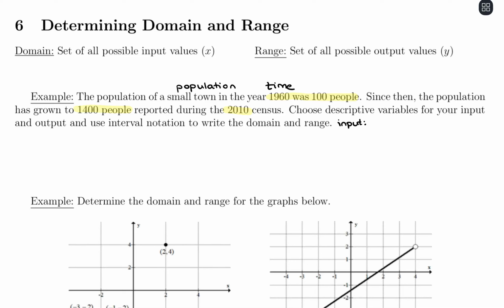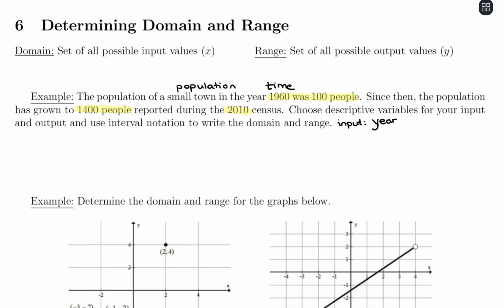Now, population might be relying on something, so it's not really independent. It could be depending on the amount of time that's passed. It could be depending on the growth rate or growth decay that's occurring, whereas time operates independently. It's just moving forward. It's not relying on anything. So in terms of input and output, this amount of time, or let's say year, would be our input variable because it's independent.